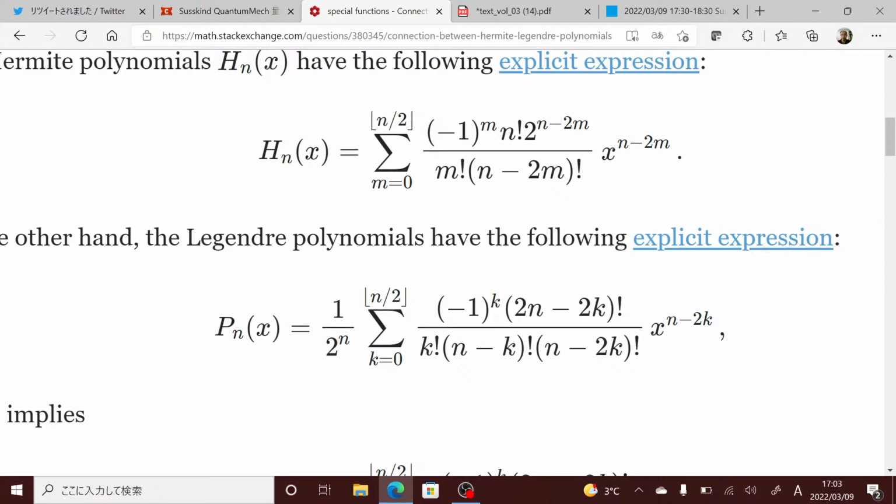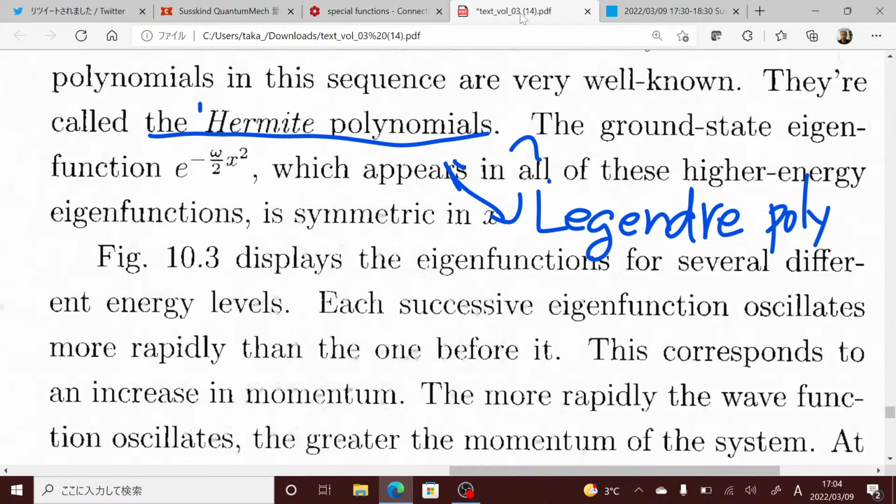And the Legendre polynomial has this factorial. It's actually quite different, so maybe they are two different things.